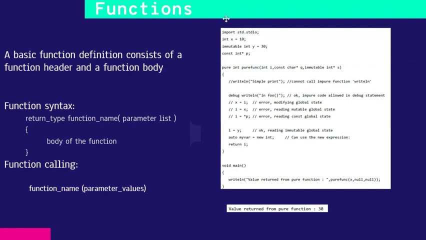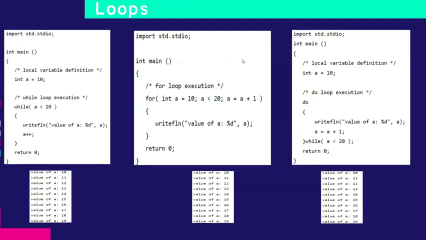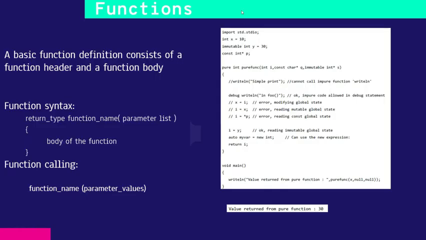Pure functions are functions which cannot access global or static mutable state save through their arguments.